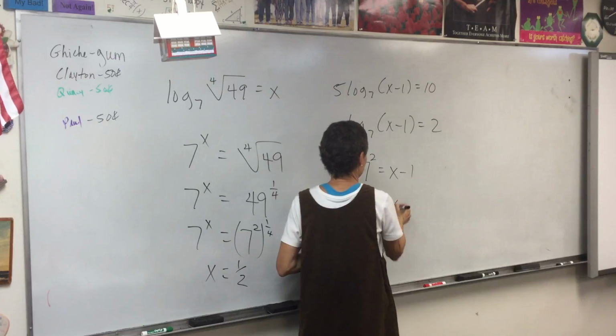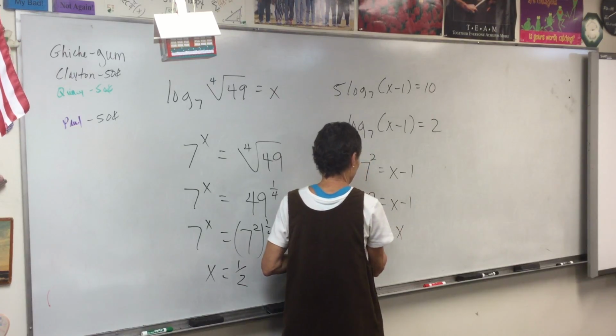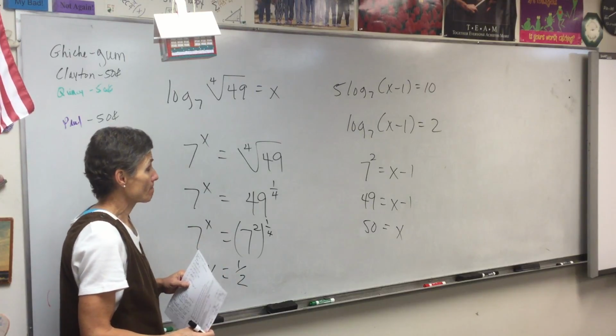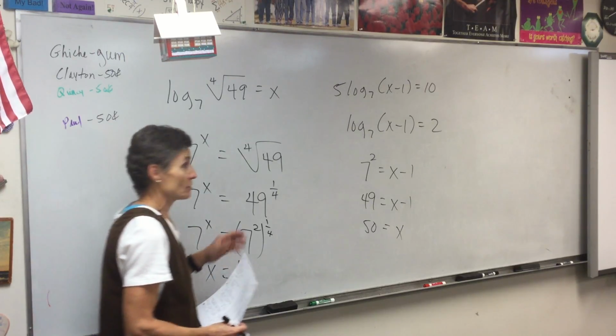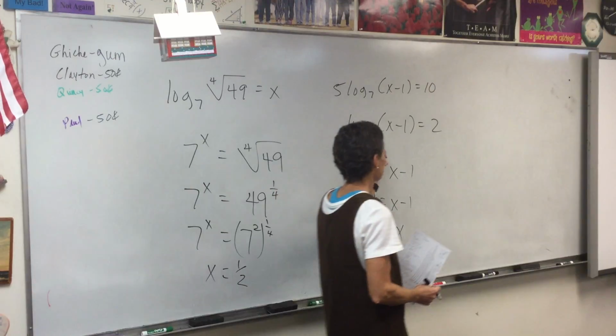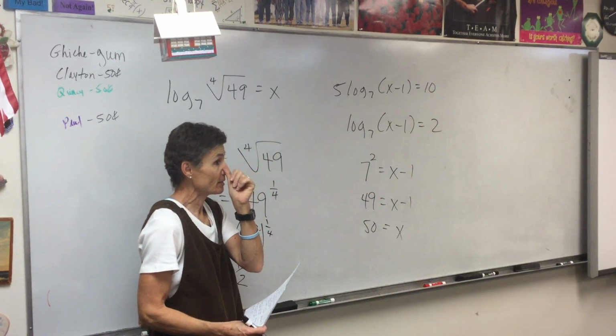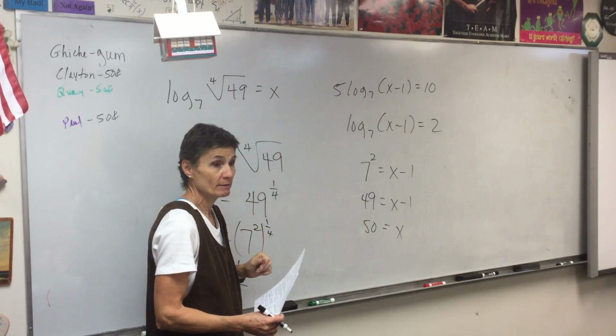So 49 equals x minus 1 and x equals 50. At this point, we shouldn't be confused by that, right? 7 to the second equals x minus 1. That's how we translate a logarithm into an exponent.